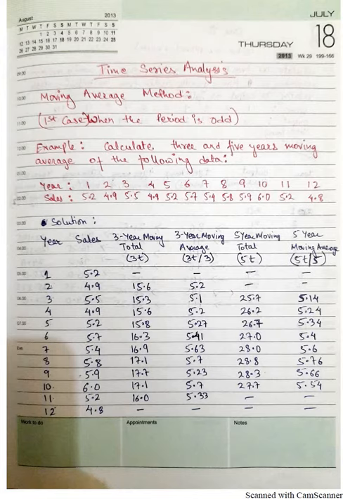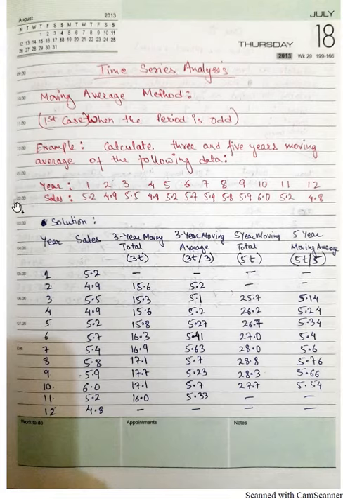So let us go through the sum of what I am trying to say, and I hope you'll understand. First, let us deal with a problem that asks us to calculate the moving average of a data in regards to odd period of years or odd number of years.